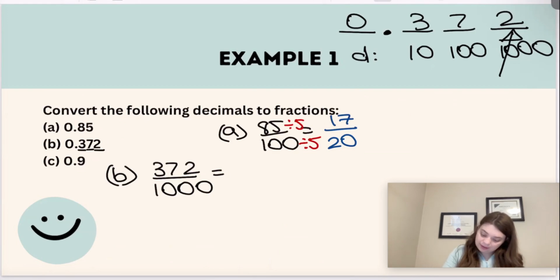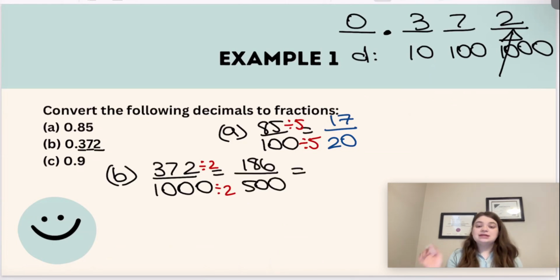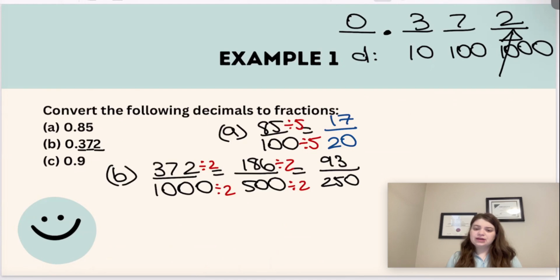I will divide by 2 and get 186 over 500. Then I notice that we still have two numbers divisible by 2, so I'm going to divide by 2 again. And if I do that, I get 93 over 250. We probably can't reduce that any further because there aren't any factors in common other than 1, and so we're good to go.